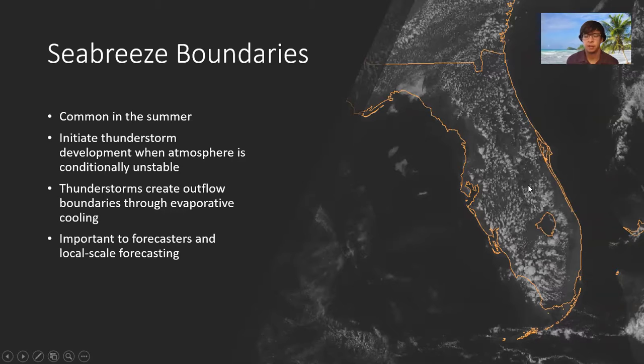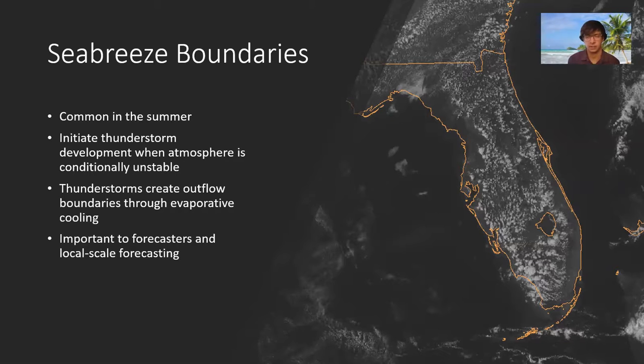So with these sea breeze boundaries, usually the atmosphere is something called conditionally unstable, which means you need a trigger in order for thunderstorms to develop. And these sea breeze boundaries act as that trigger and create thunderstorms. These thunderstorms then create their own boundaries called outflow boundaries from evaporative cooling. As the rain cools the air, it falls down to the ground and pushes outwards.